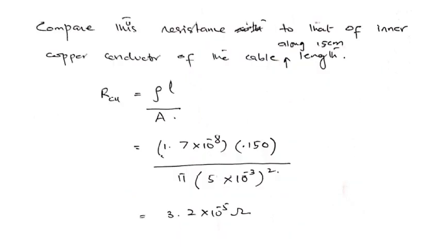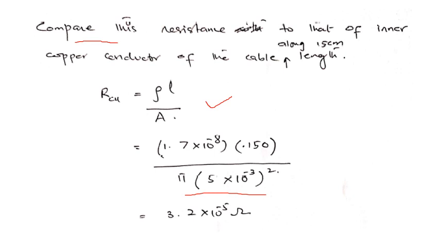Now, in the question, we are asked to compare this resistance to that of the inner copper conductor of the cable along 15 centimeters. The formula which we will use is R equals rho L over A. Area over here will be pi r squared, because we are considering the inner conductor.